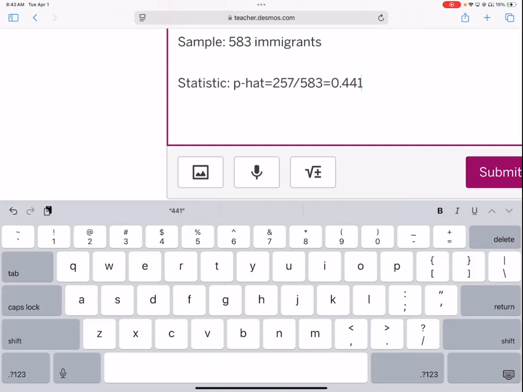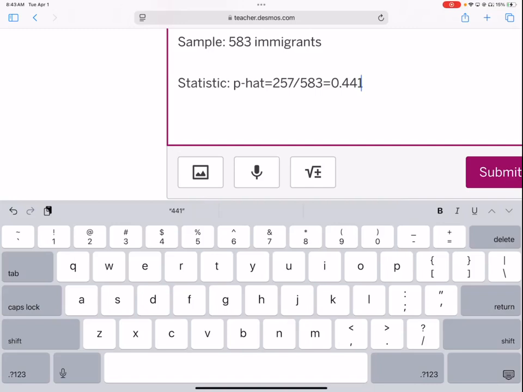What does that say to us? And this is the biggest thing that I have to teach you in this unit. It tells us that it is likely that there is evidence that they may be wrong. Our sample statistic is less than what they believe it really is.